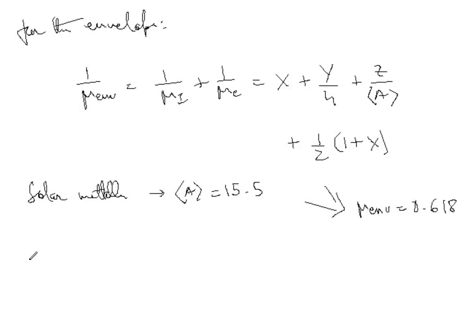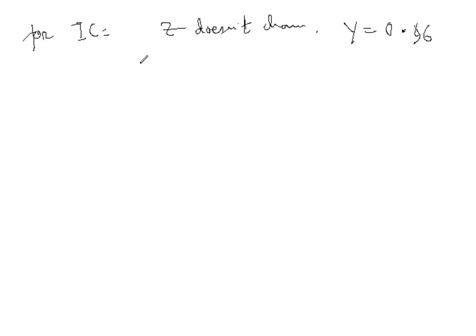Now for the isothermal core, we note that Z doesn't change. Therefore, Y is equal to 0.96 for solar metallicity.